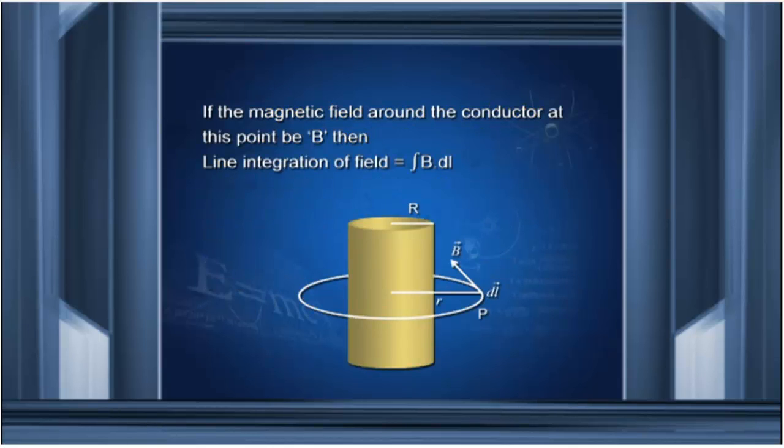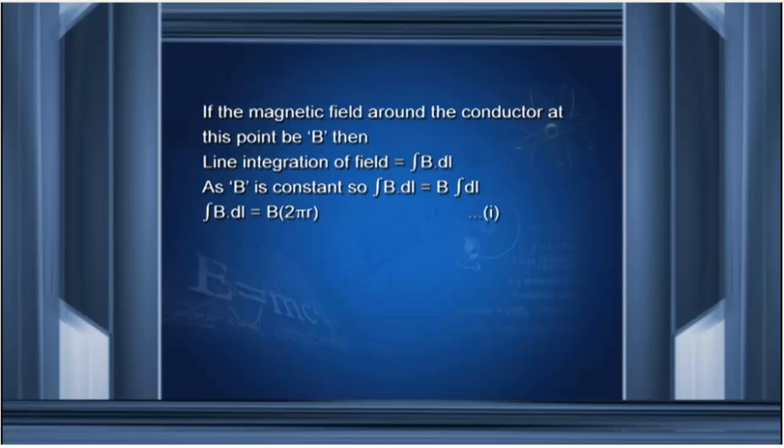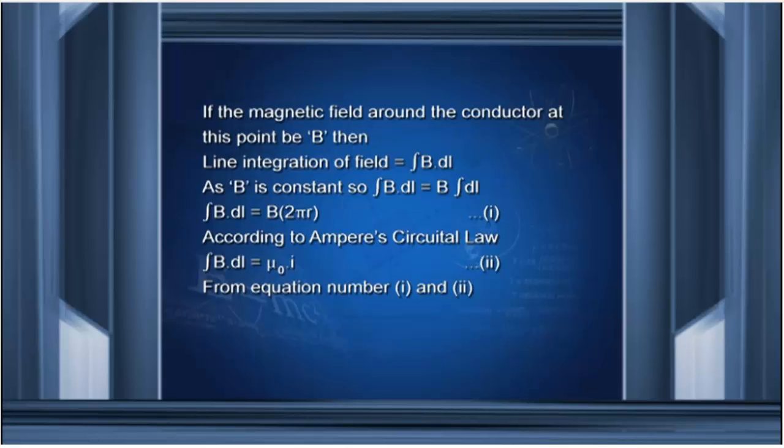Line integration of the magnetic field is integration B dot dl, and as B is constant, it equals B integration dl. Once again, the integration of dl equals 2 pi r, so integration B dot dl equals B into 2 pi r. According to Ampere's Circuital law, integration B dot dl equals mu naught times I. From equation 1 and 2, we get B equals mu naught upon 4 pi, 2I upon r.